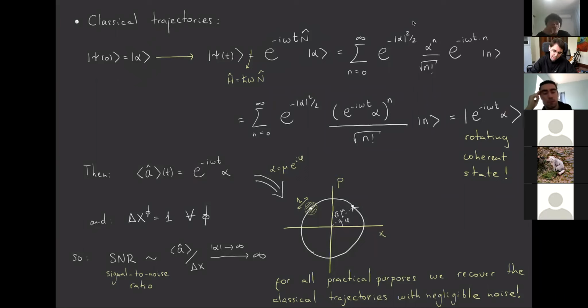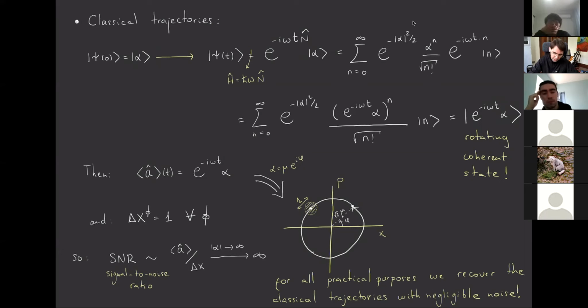In particular, we discussed how, because of this property, the expectation value of the annihilation operator, or similarly of position and momentum, describes a circle in phase space, which is precisely the circular trajectory that is described classically, as we saw a few lectures ago.